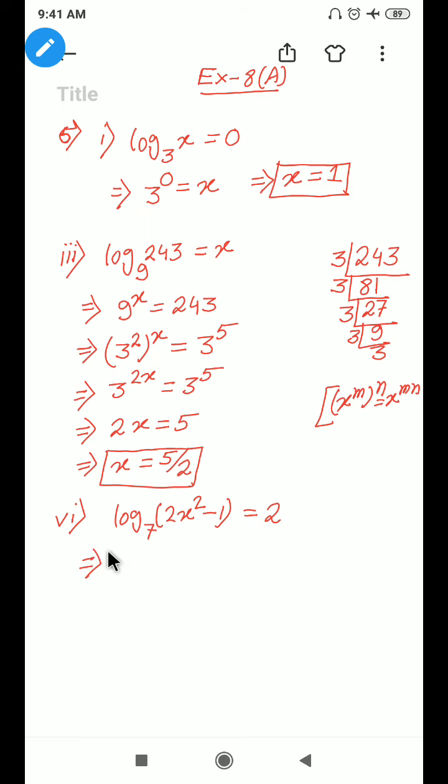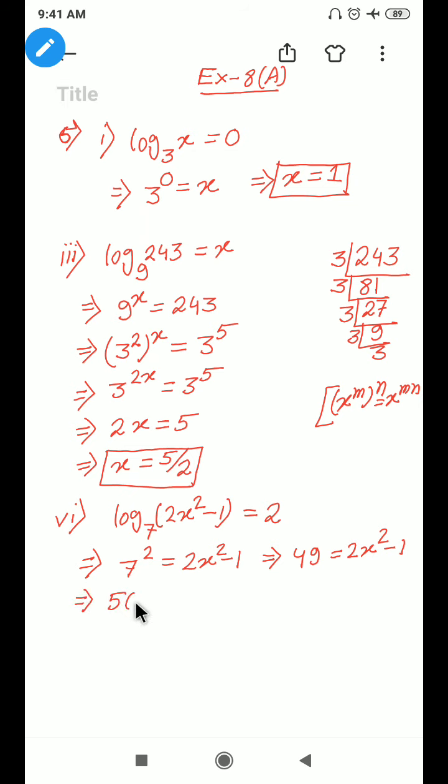So what to do here? Firstly you have to convert into exponential form. So this will be 7 square is equal to 2x square minus 1. So 7 square means 49 is equal to 2x square minus 1. If this minus 1 goes to that side, this will be 50.